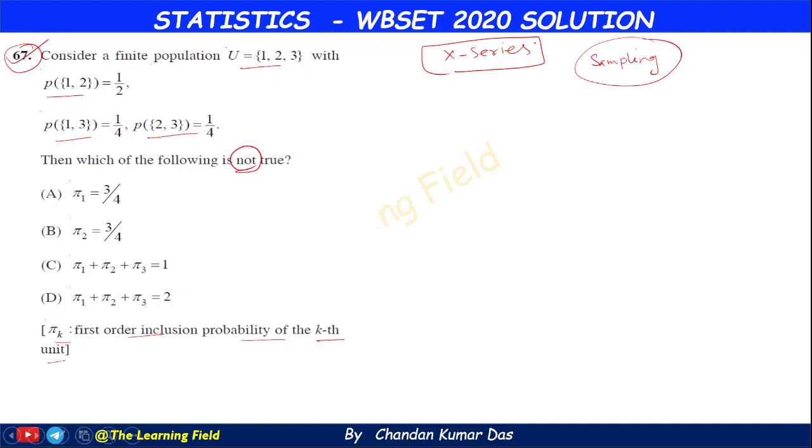This question is based on inclusion probability. Now what is the inclusion probability? First we define it: the probability that the unit k is included in the samples.